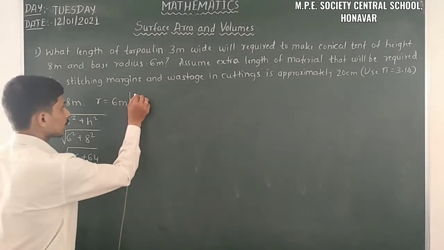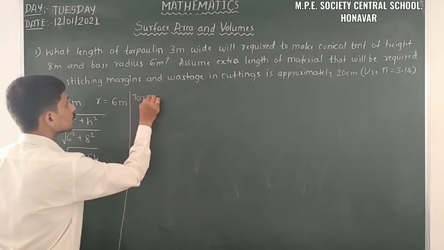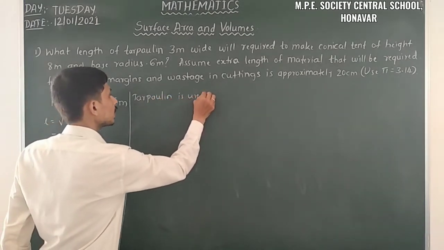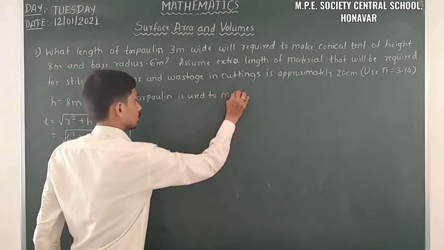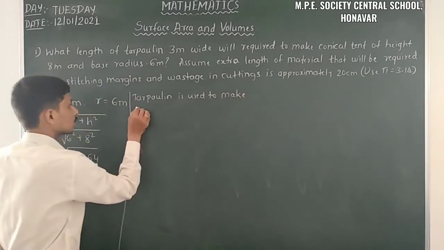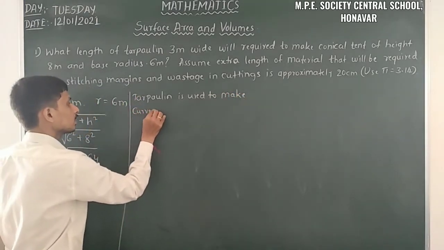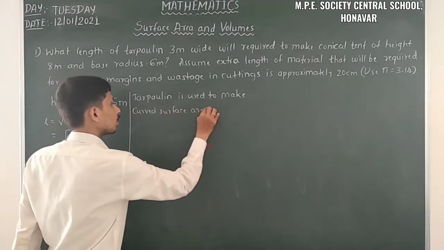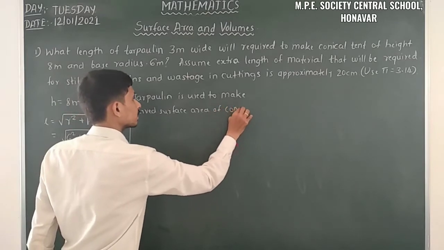So the tarpaulin is used to make the curved surface area of the conical tent.